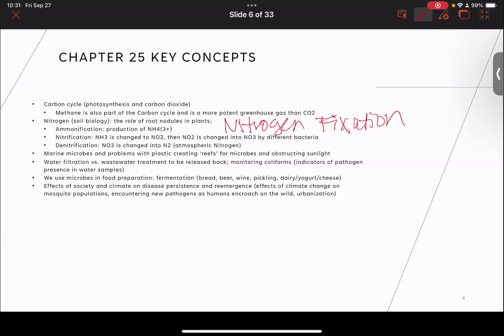Coliform bacteria, if they are present in our filtered water sample of whatever type, whether it came from your drinking water or from your wastewater, if you have fecal coliforms in there, it means that those bacteria got through the filtering process. If they got through, pathogens may have gotten through too, whether you see the pathogens or not.